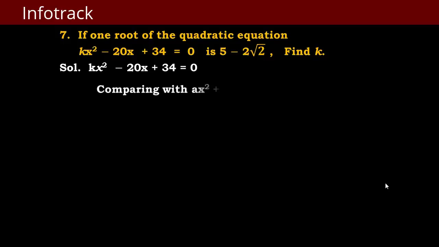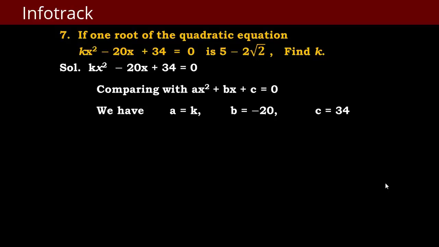So comparing with the standard form, that is ax square plus bx plus c is equals to 0, we get a is equals to k, b is equals to minus 20 and c is equals to 34.